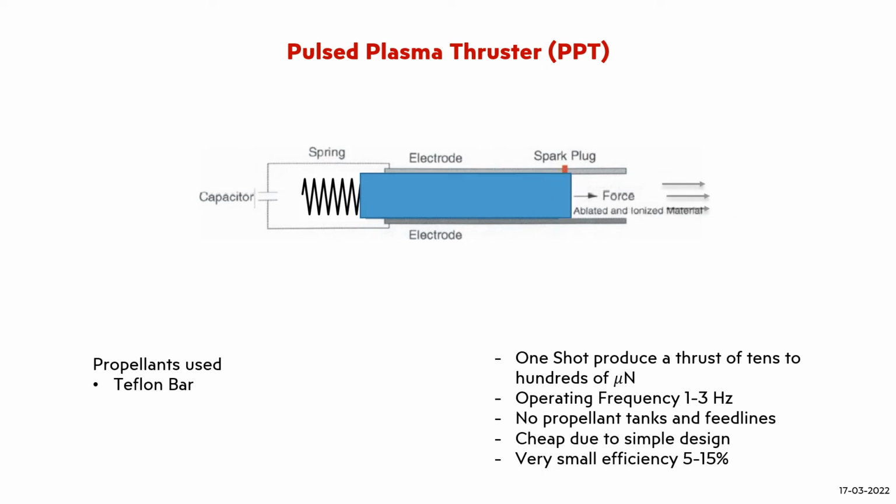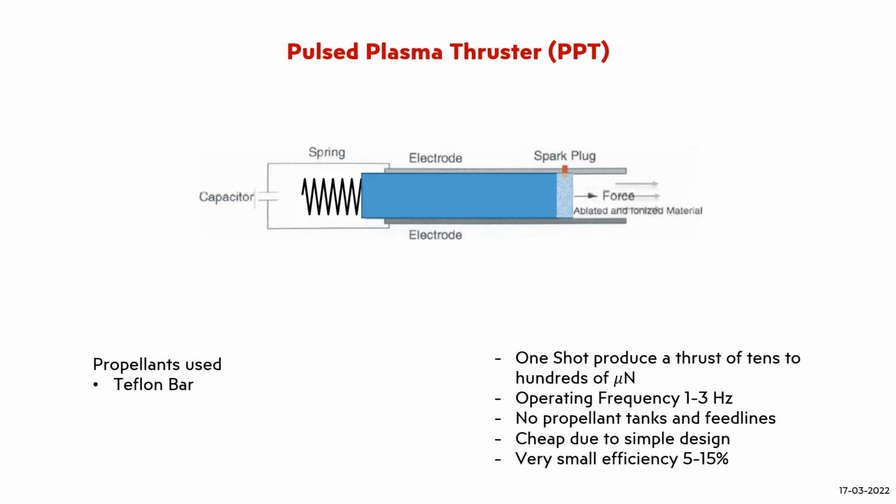One shot provides a thrust of 10 to 100 micronewtons. The thruster usually operates at a frequency of 1 to 3 Hz. A PPT thruster has several advantages like zero warm-up time and zero standby power. There are no propellant tanks or feed lines, and most notably, it is very cheap due to its simple design. The main disadvantage is a very small efficiency between 5 to 15%.